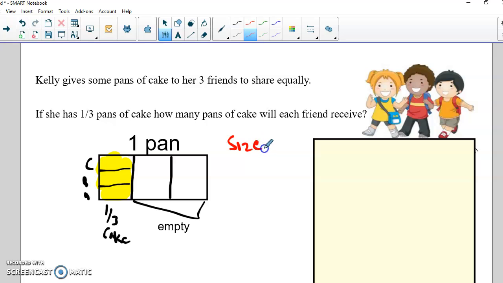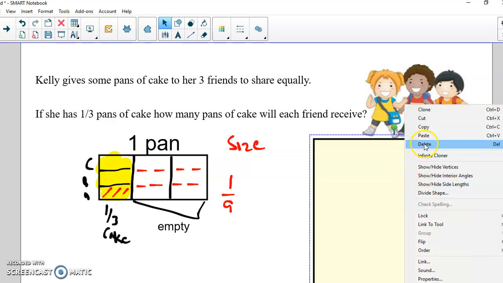What size is this piece right here of the whole pan? Well, that means I have to cut the whole pan, even though that section is empty. So what size piece does each friend receive of the whole pan? Take a look at our picture. They receive 1/9 of the whole pan.